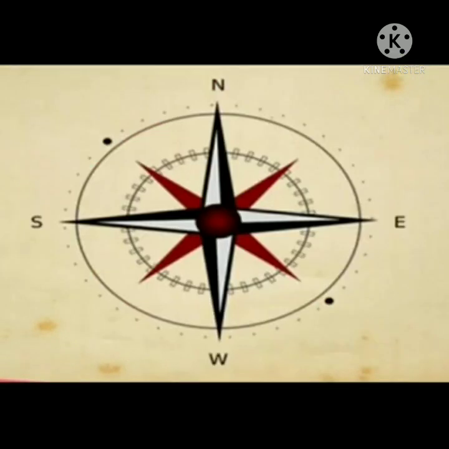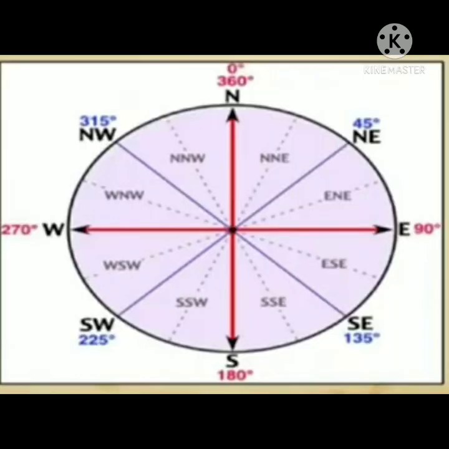We can easily find out any direction with the help of a magnetic compass. Yes, the tool which is used in your mathematics geometry box. If its magnetic needle points in the north south direction, we can easily find out any direction, as you have seen in the image.